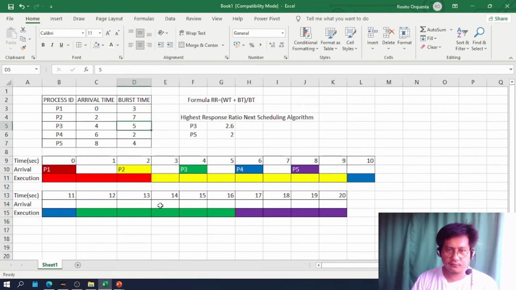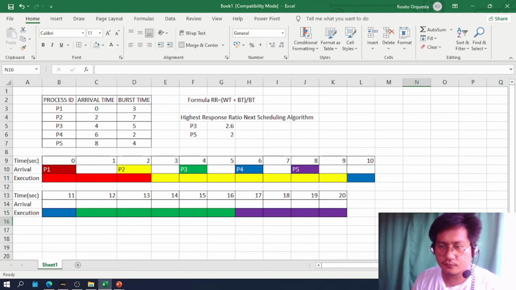P3 has 5: 1, 2, 3, 4, 5. And then P5 has 4: 1, 2, 3, 4. So 20. So this is the complete time slice, or Gantt chart, for each of the processes using the highest response ratio next scheduling algorithm.